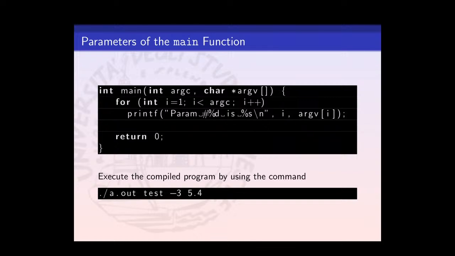If you want to understand what's going on, let's compile this piece of code and execute the program by issuing this command, for instance. You will end up with parameter 1 is test, parameter 2 is my3, parameter 4 is 5.4.